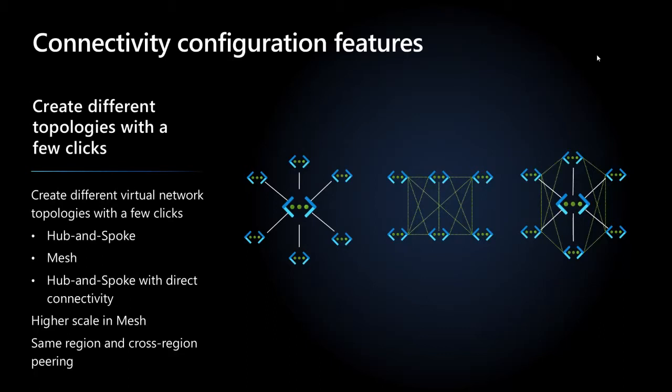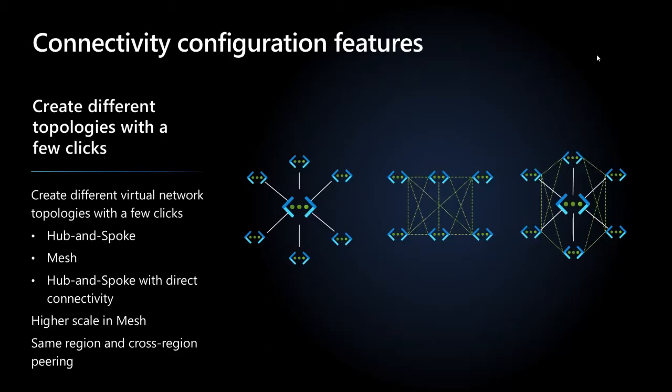On top of that, using network manager's capability, you can have higher scale in mesh. For example, in mesh, traditionally in Azure, the limit of peering is 500, meaning one VNet can connect to up to 500 VNets.